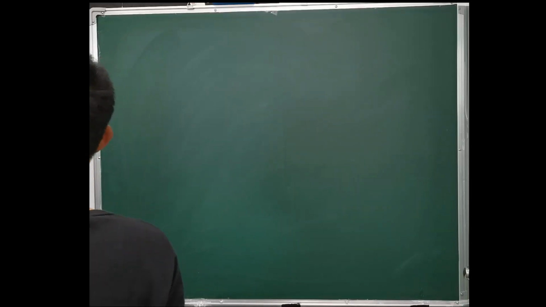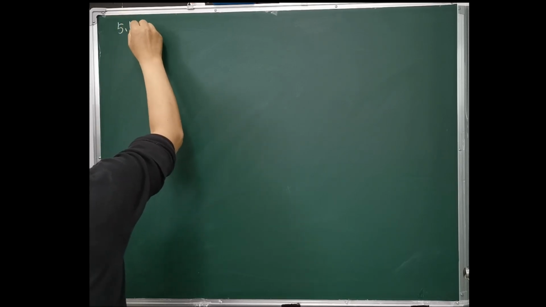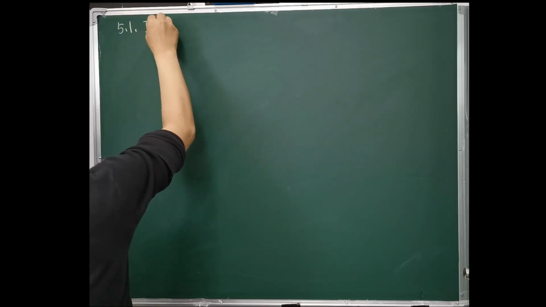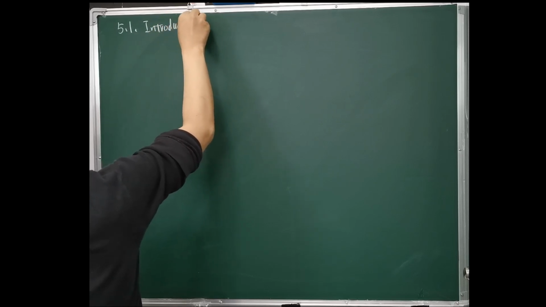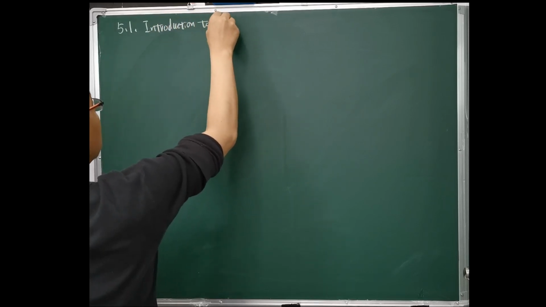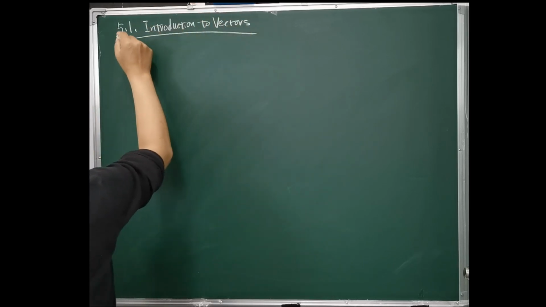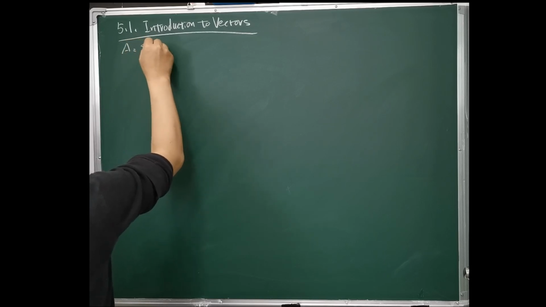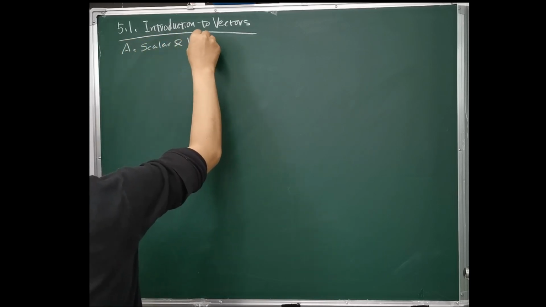Today we're going to talk about 5.1 vectors, section B. Okay, 5.1. We already talked about A, which is scalars and vectors.